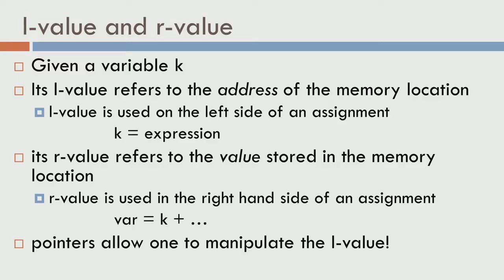So, if I say k equals x plus y, then x plus y is going to be a value and the value of this is going to be stored in k. So, the value of x plus y is the R value and the address of k is the L value. So, pointers are actually allowing you to manipulate the L value. You always have expressions on the right side, you get the R value always, but pointers are a mechanism by which you actually can get access to the L value also.